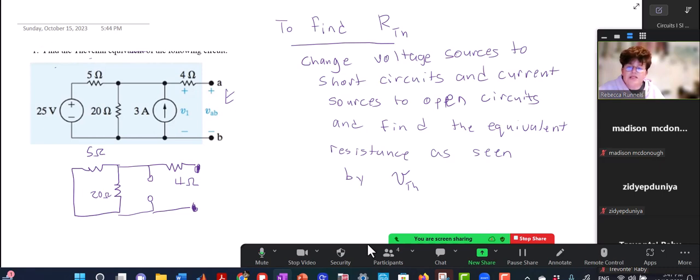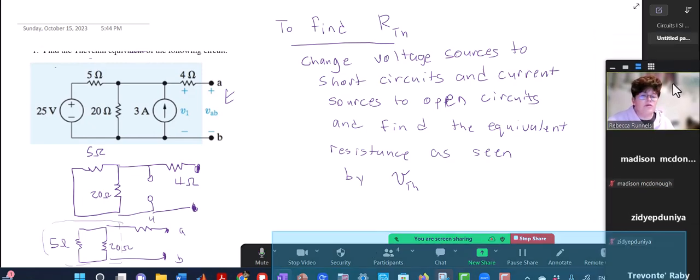So just imagine sliding that 5 ohm resistor down to the other side. And now, from the point of view of A and B right here, the 4 ohm resistor is in series with this combination of the 5 ohm and the 20 ohm that are in parallel.